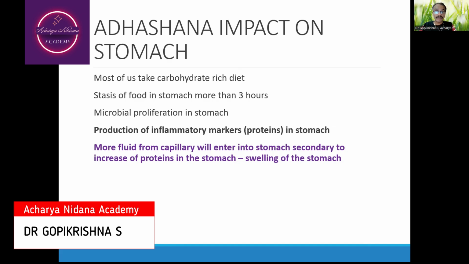This is responsible for the inflammatory markers that are going to get increased in the stomach wall. Inflammatory markers are nothing but proteins. Thereby, this is responsible for the increased oncotic pressure in the stomach wall or the lumen of the stomach.